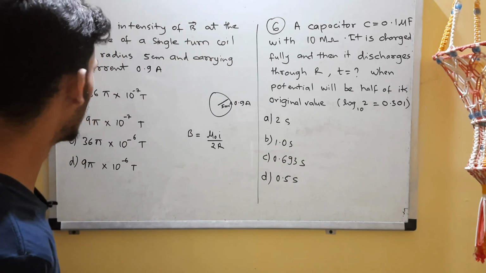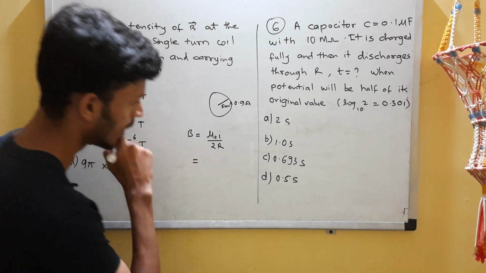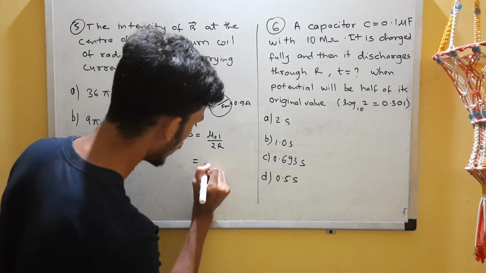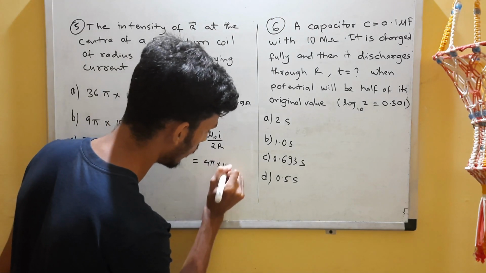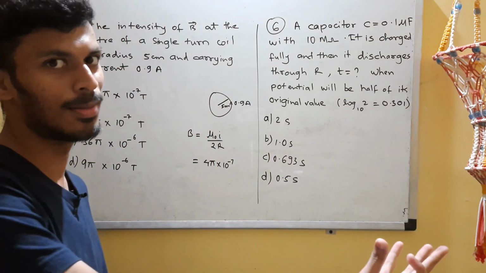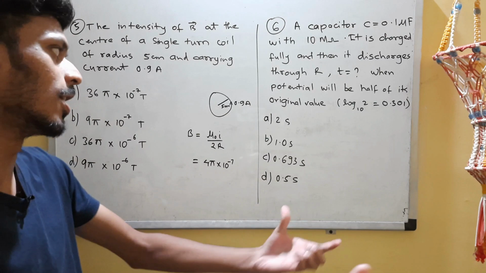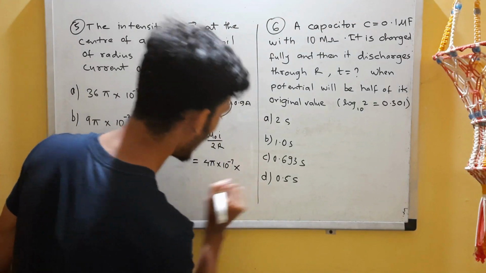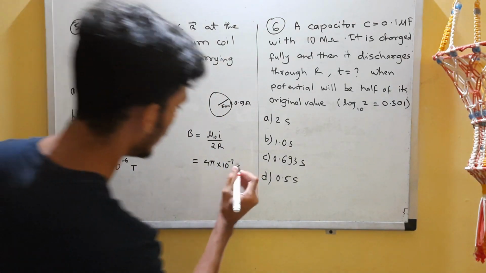Then let's find out. Directly substitute the values. Mu naught upon 4 pi is 10 to the power minus 7, so mu naught is 4 pi into 10 to the power minus 7, and that into I, which is 0.9.